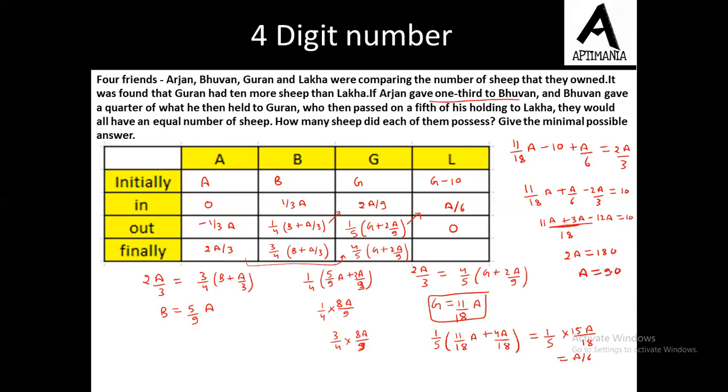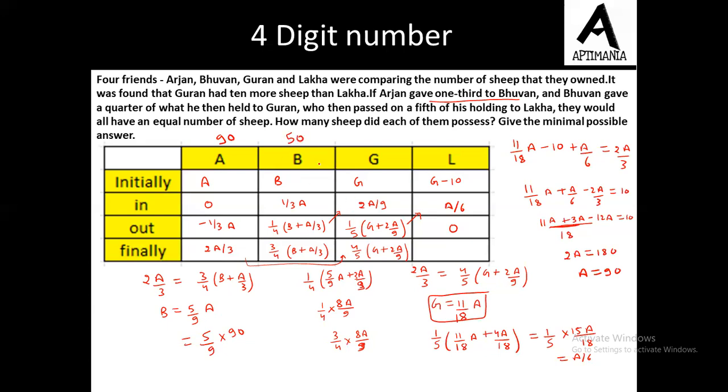So now we know the value of all the variables in terms of A. Now A initially was 90, B was 5 by 9 of A. So when we substitute A as 90, the value of B will be simply 50.